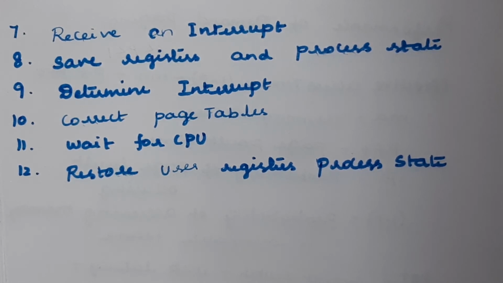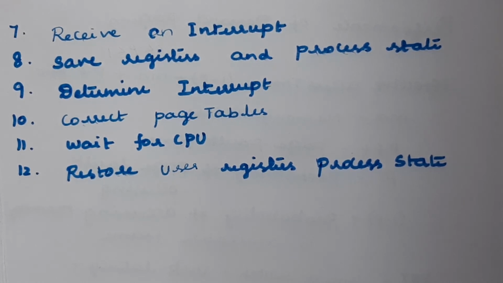So whenever you are performing the switching operation between processes, we need to follow all these basic steps, which are nothing but saving the user registers and your process state information. Everything you have to save accordingly, so that the CPU can get back to the process after completing the other process.